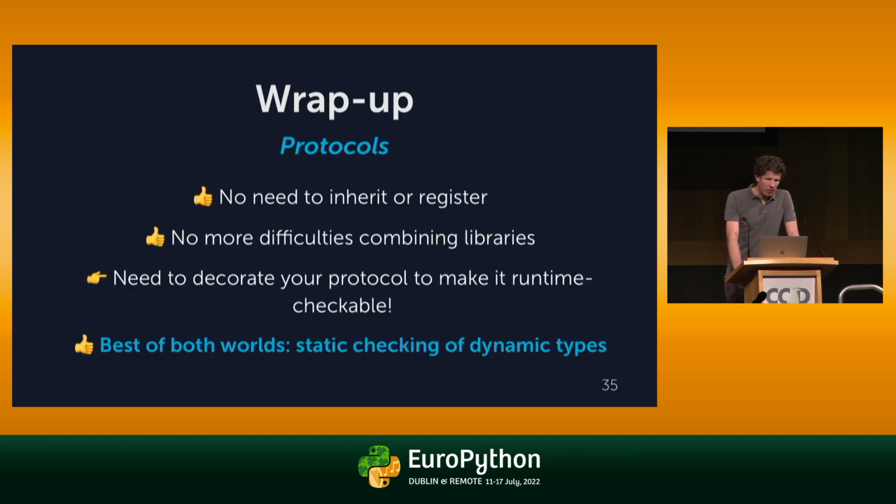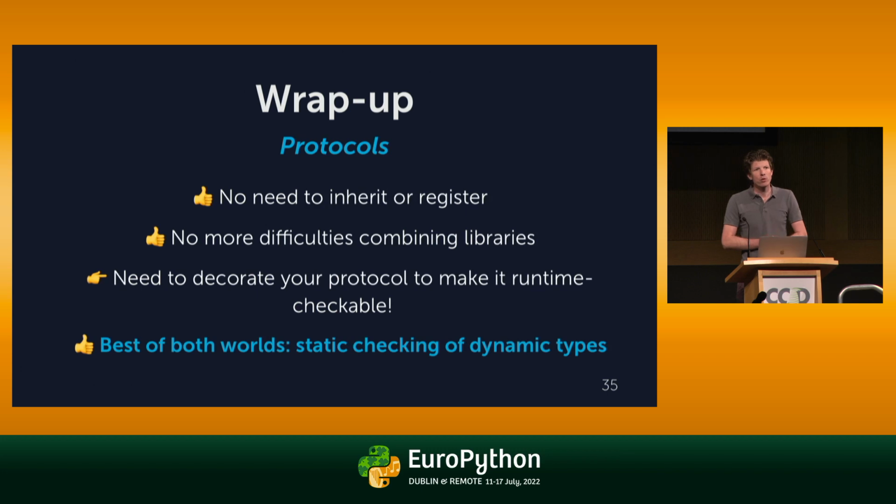So, wrapping up. Protocols, as I said, I think make all of what we've seen so much more beautiful because there's no need to inherit or register anything. There are no more difficulties combining libraries because it just implicitly works as long as the right methods are defined.